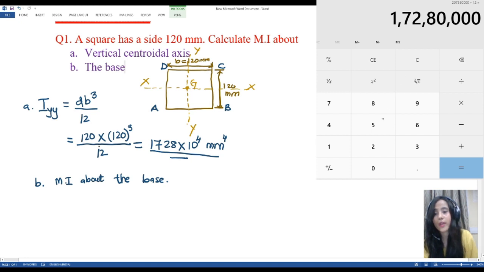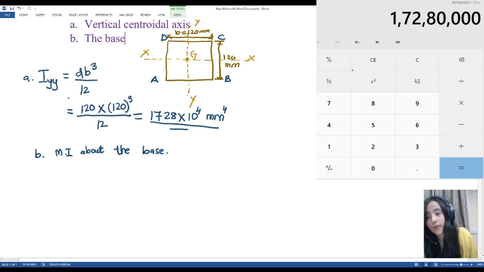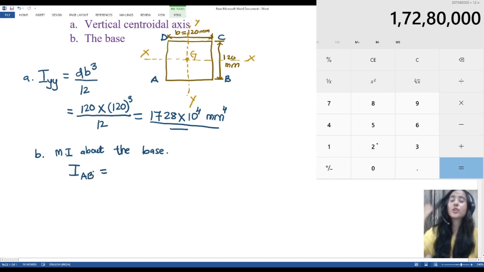So if I want to find moment of inertia about base AB, which is I, A, B, which theorem do we use in here? Now IAB is running parallel with this XX axis here. So which theorem do we use? The first theorem, parallel axis theorem, right?